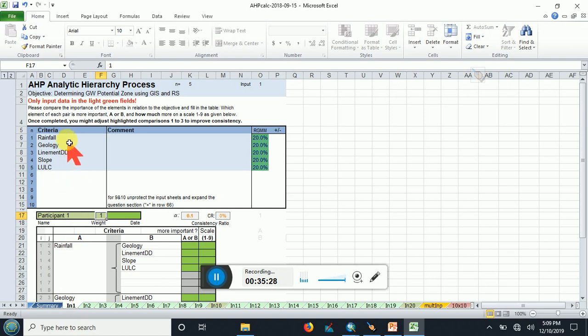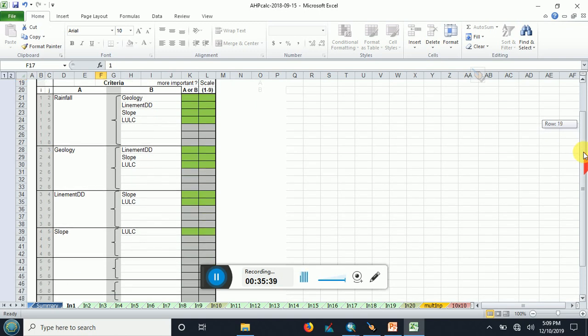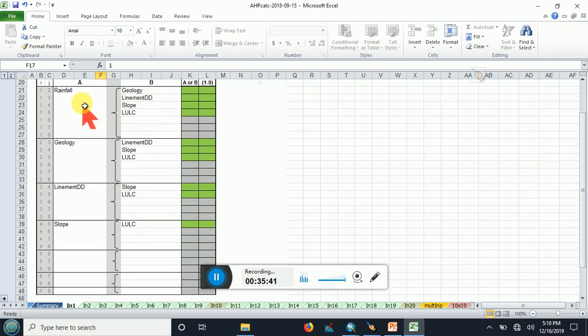In the sheet they are already written, no? And it also makes them be displayed and compared in a pairwise manner. That means A is rainfall, geology, alignment density, slope. So rainfall will be compared with the other 4 thematic layers, and similarly geology with the others, and alignment density with the other 2, and slope with land cover change.